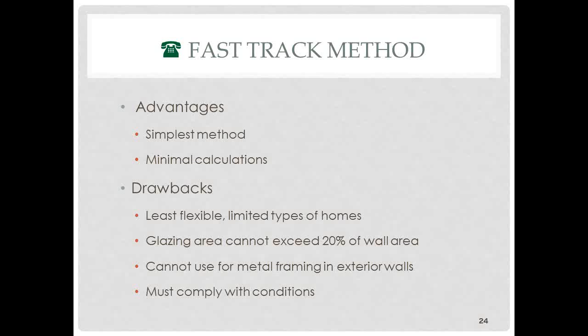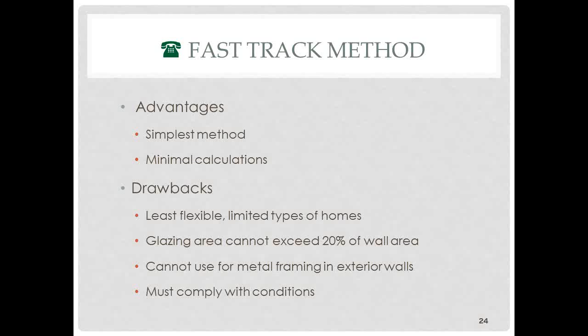The glazing percentage, which is the total glazing separating conditioned space from outdoors, divided by the above grade wall area, cannot be more than 20% for the packages. The code does not restrict the area of windows, but there are no packages for glazing percentages larger than 20%.